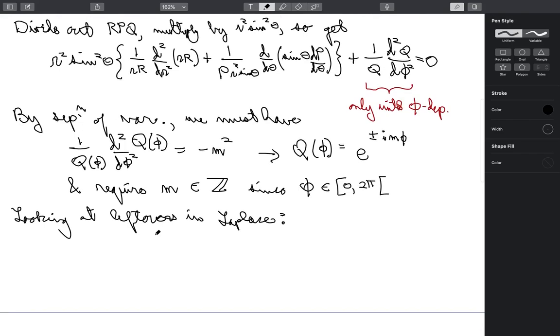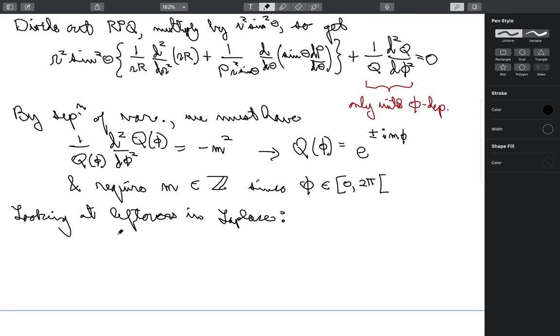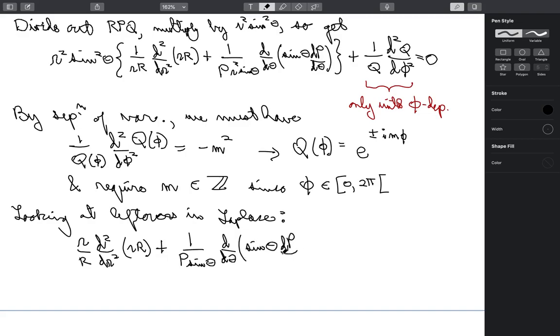Then what do I get? I get that I can write little r over big R with the second derivative with respect to r of little r times big R plus 1 over P sine theta with d theta of sine theta dP d theta.